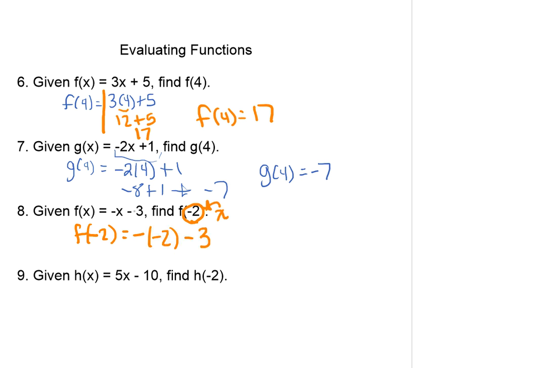All right, negative and a negative make a positive. So I get +2 minus 3. These are opposite sign numbers, so I subtract them. 3 minus 2 is 1. Larger number is negative, so my answer is negative. So we say that f of -2 is -1.